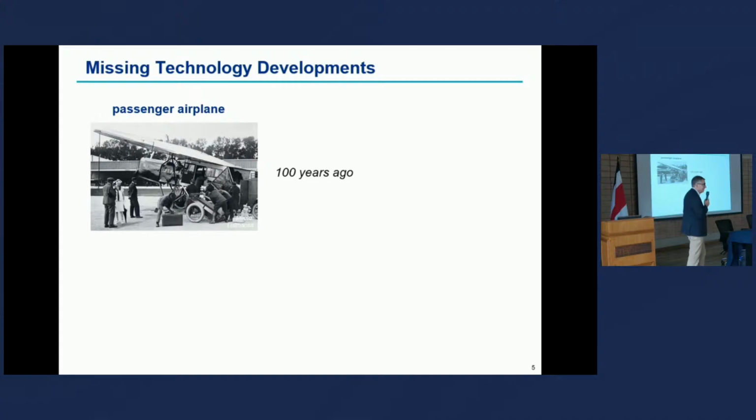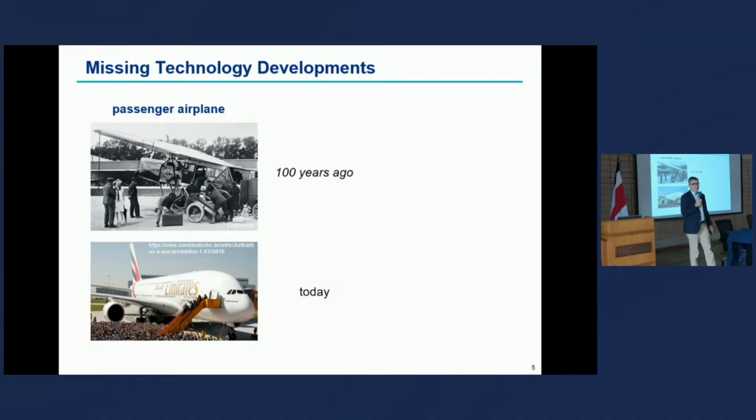Maybe there were 5 or 6 people sitting in the airplane. Nowadays, there's the Airbus 380, which can transport over 800 people. Still flying from A to B, but the technology, materials, everything has totally changed.